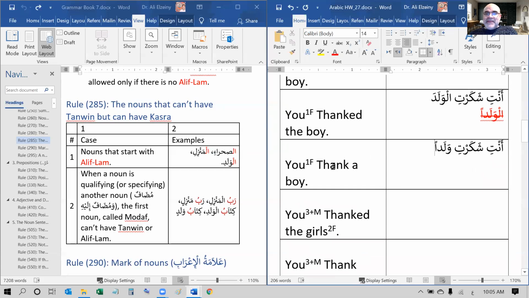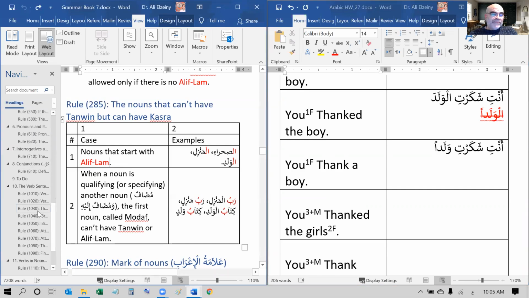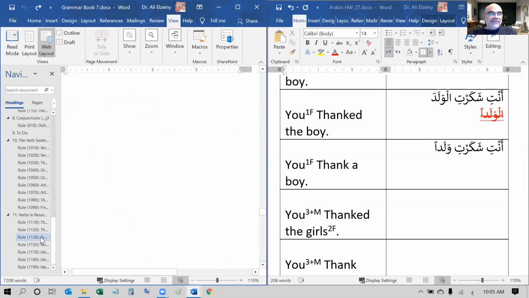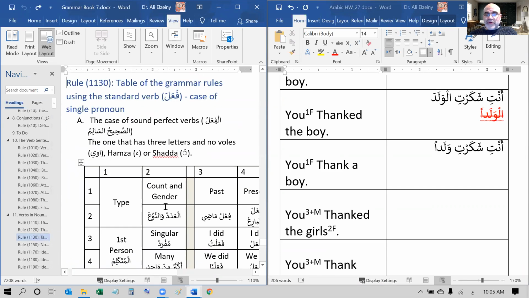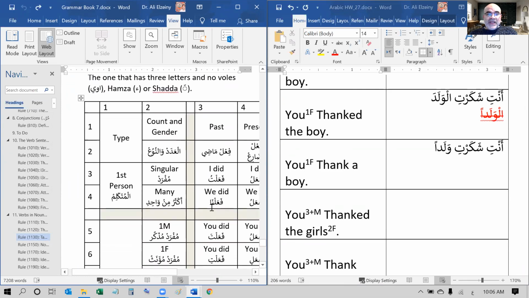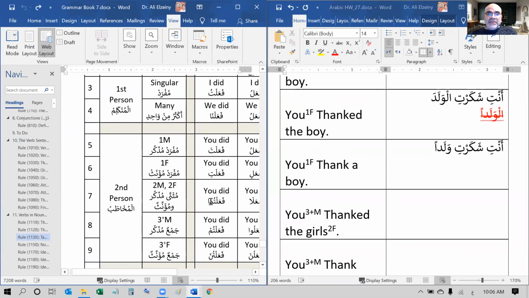And then think for 1F. See here, it's thanked. So it's past tense. Here, think, it's a present tense. So I go back to my table, the table that I used to convert the verbs. And I say, okay, it's 1F and it's you, so it's a second person. 1F and it's a present tense.